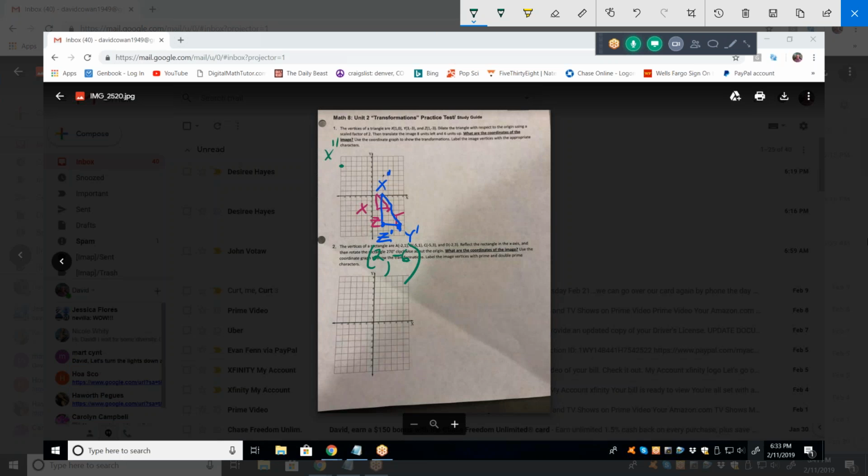Start with the X coordinate. Where does the X coordinate go? Well, the X goes to -6, right? Because we're starting with 2 and we're subtracting 8. So the X goes to -6. Where does the Y coordinate go? And I don't mean Y prime.